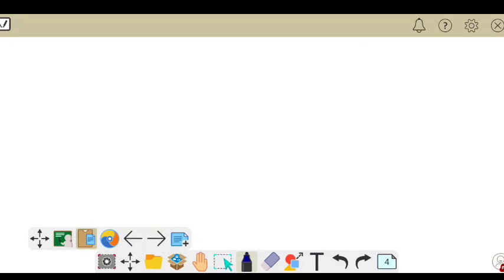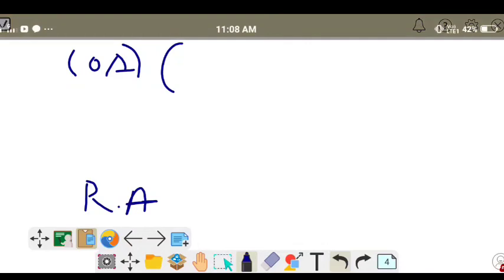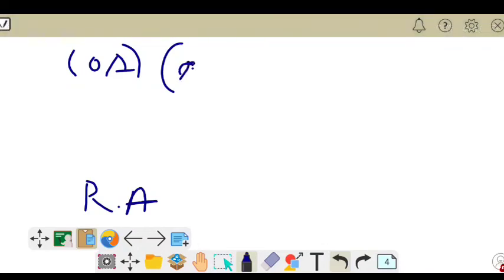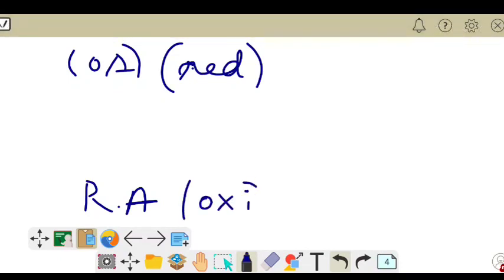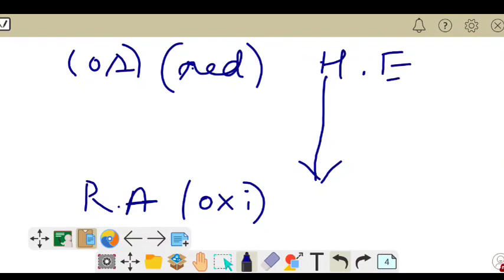So let us write now here properly. Here the oxidizing agents are at the top. Here the reducing agents are there. Now this has more tendency to get reduced, and this element will have more tendency to get oxidized. This has the highest electrode potential, this the lowest electrode potential.